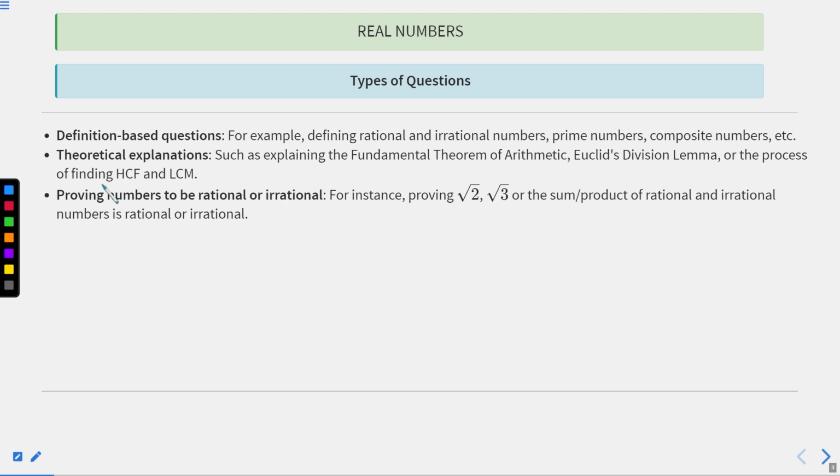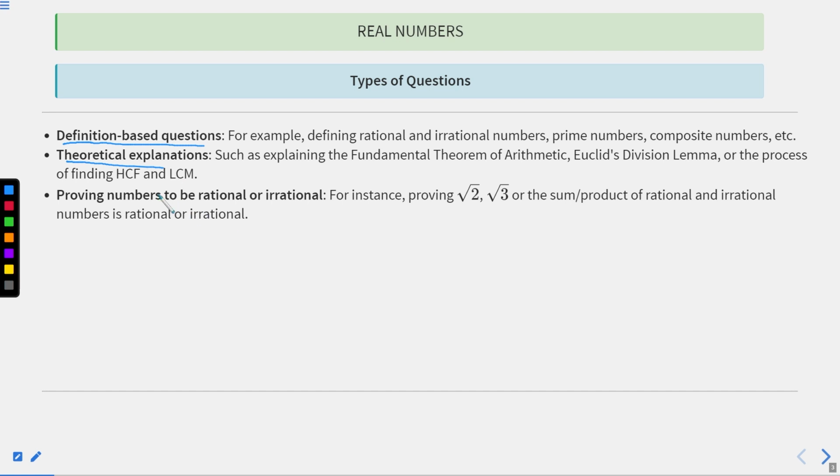First, definition based questions on this chapter may be asked, for example, defining rational numbers, irrational numbers, prime numbers, composite numbers, and so on. The second type is theoretical explanation, such as explaining the fundamental theorem of arithmetic, Euclid's division lemma, or the process of finding HCF and LCM.